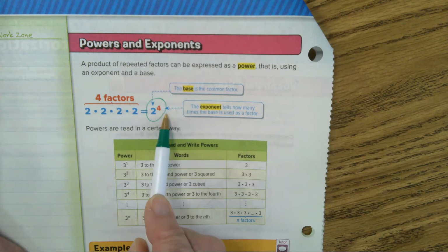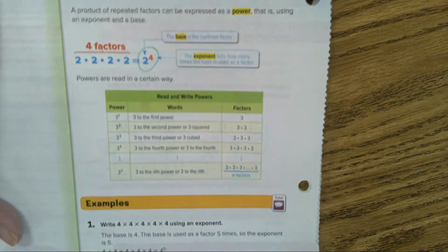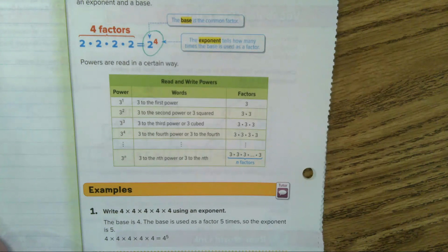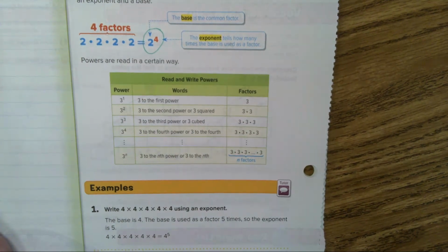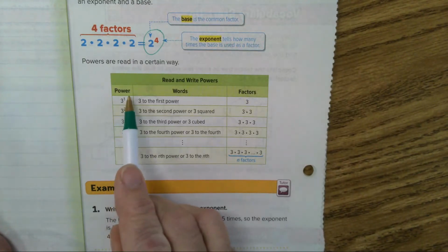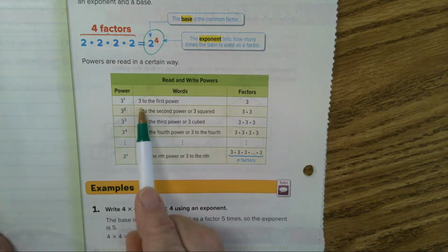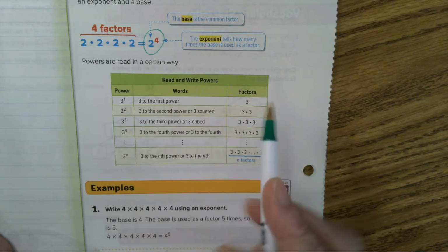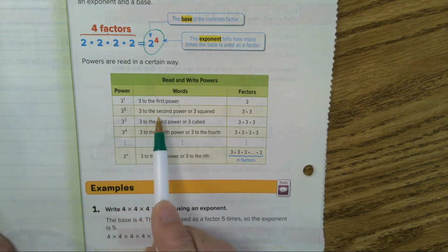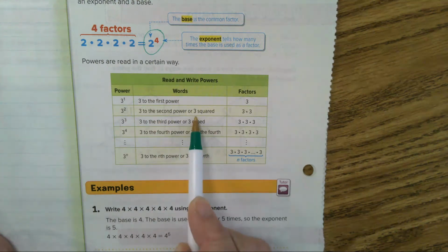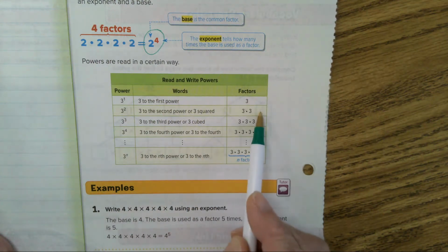Now let's look at what we have in this chart. Powers are read in a certain way. It says 3 with a 1, that is read 3 to the first power. And the factor, it just has a 3. 3 to the second power, or you could say 3 squared. It means 3 times 3.